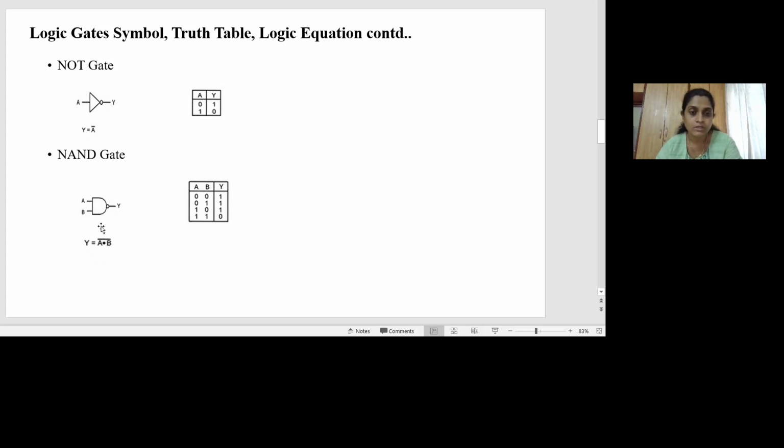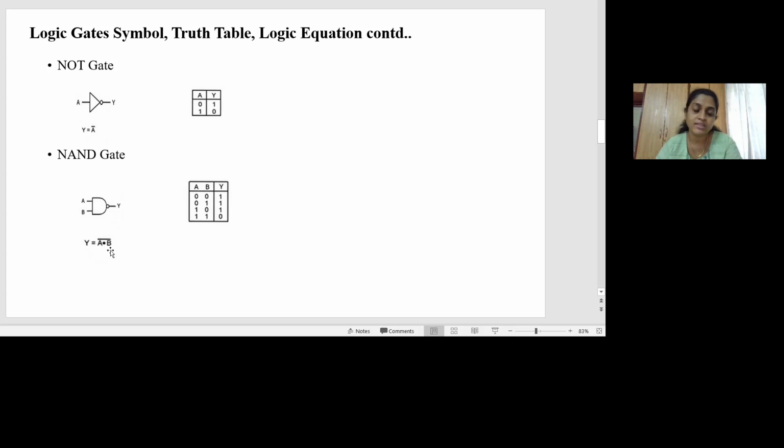In other words, we can say the NAND gate consists of two gates. The first gate is the AND, which produces the product A dot B. That is, the first AND gate performs the A and B operation.